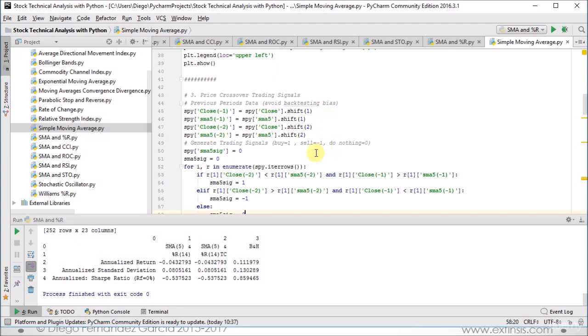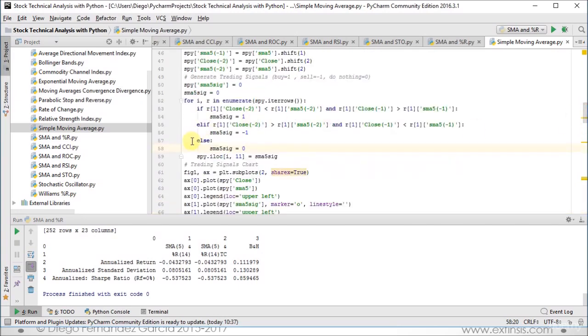Then we'll generate our corresponding trading signals. As mentioned in the slides, buy equals 1, sell equals -1, do nothing equals 0. We'll store them in their corresponding column, and we'll update their values with a variable which we'll use within our corresponding for loop, in which we'll have those conditionals: if for the buy signal, the nested if for the sell signal, and if none of these two is met, then it will remain as 0, which is do nothing.